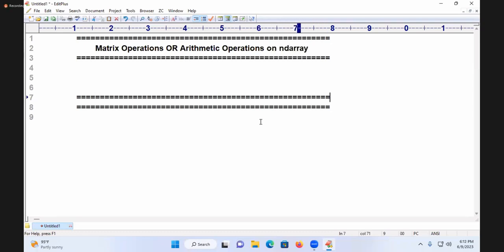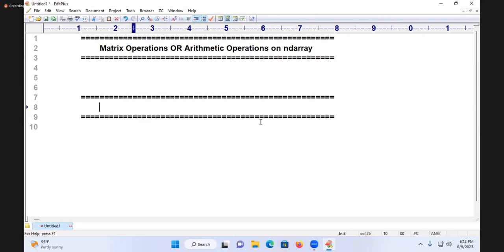And next we are talking about statistical operations on ND array. These are the main topics in today's class, and further, I will explain some more miscellaneous information. So first I am going to talk about matrix operations or arithmetic operations.